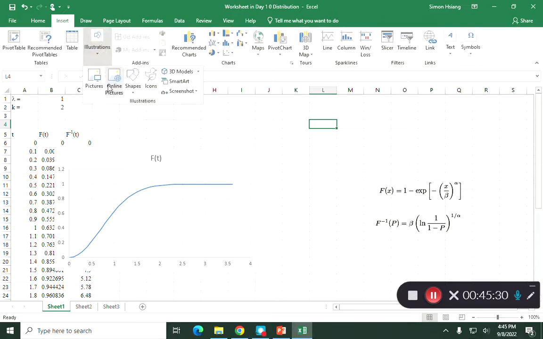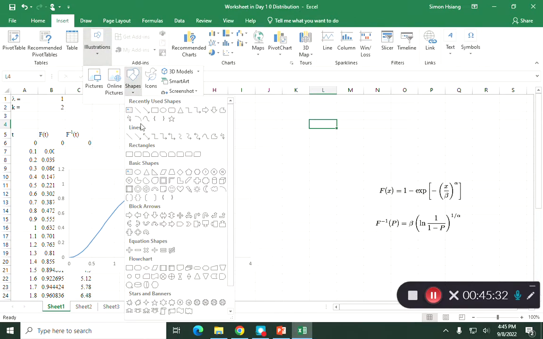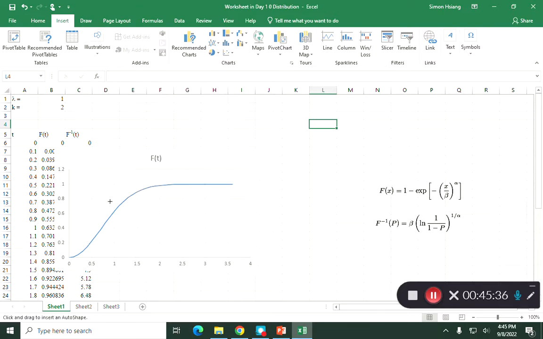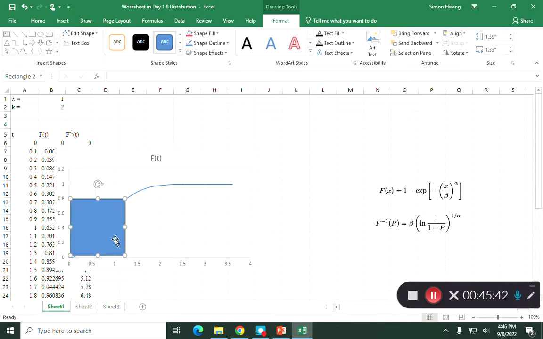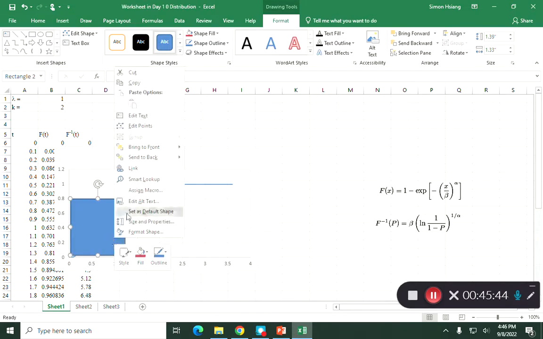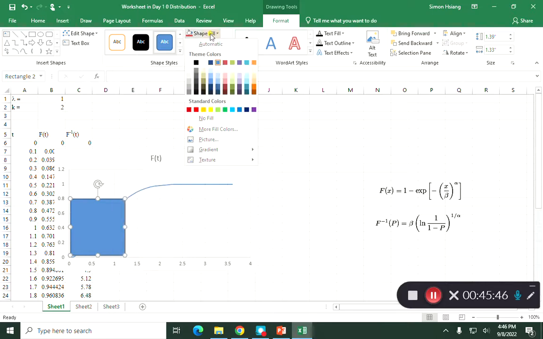Okay, oh, thank you. So here, what I want to do is something like this. And shape fill, and let me do a gradient.